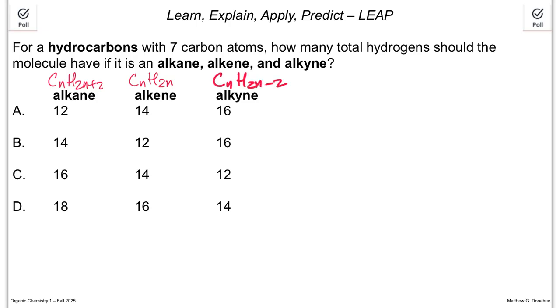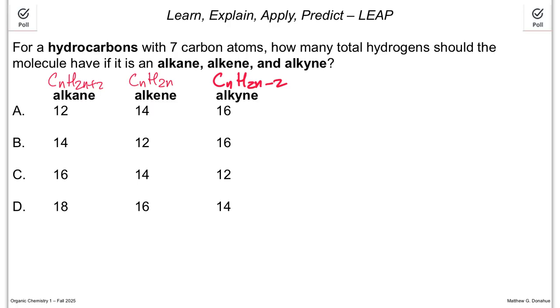So if you had N equals 7, what would the total hydrogen count be for an alkane, an alkene, and an alkyne? So just shove the N into the alkane one.